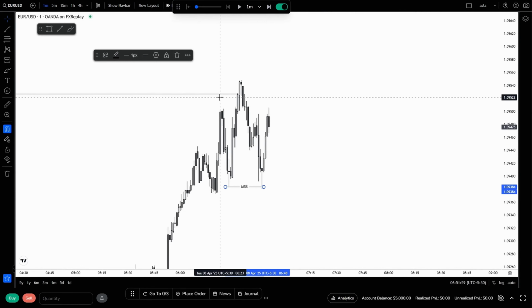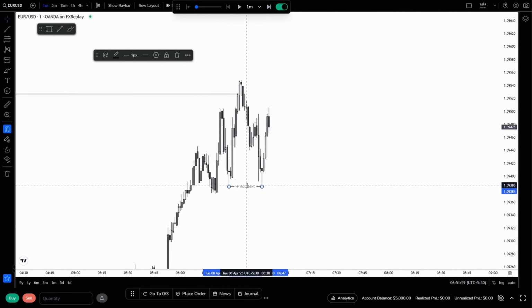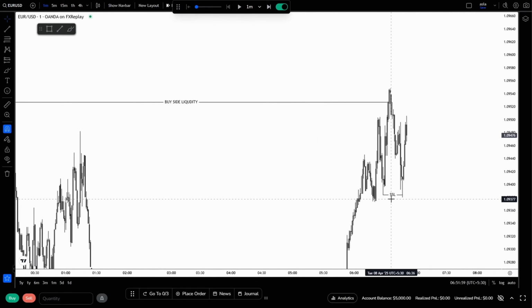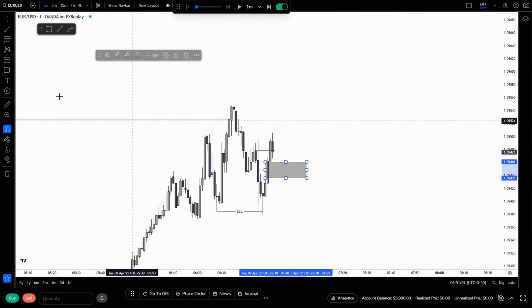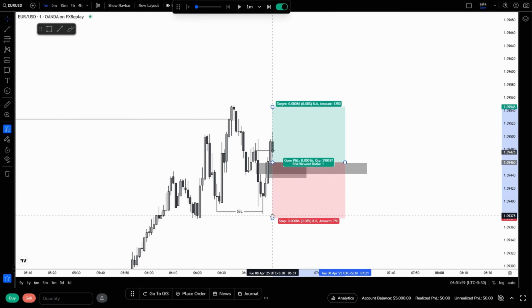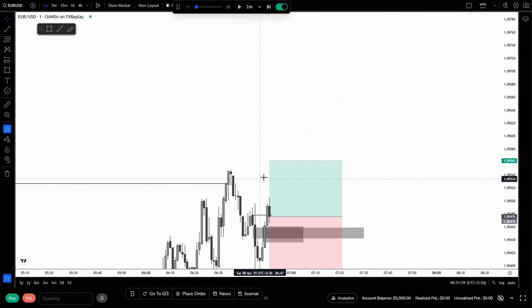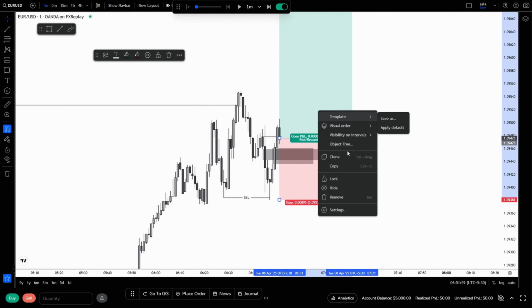Instead of forcing a short trade, we now shift our focus to potential long opportunities. At this point, we get a clear change in state of delivery, followed by the formation of a fair value gap and an inverse setup. This gives us proper confirmation to look for long entries. From here, we can enter the trade comfortably with confirmation, place our stop loss just below the recent low, and target a fixed risk to reward.